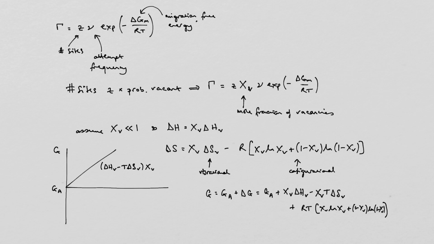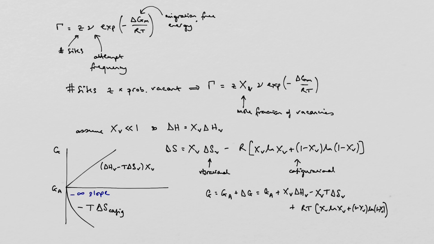And then there's another bit which is due to minus T times the configurational entropy change. And remember what we said about what goes on here? This slope is vertically downwards, isn't it, at the left-hand edge?